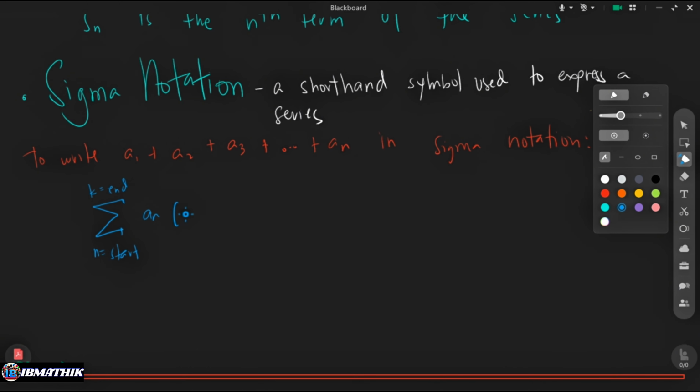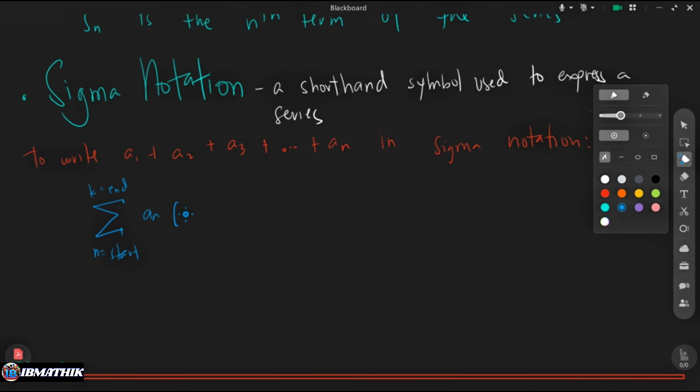So let's proceed with an example. For example, we have 1, 2, 3, 4, 5. That is the sequence. If we are going to put it into sigma notation, let's say 1 plus 2 plus 3 plus 4 plus 5, the start is 1.